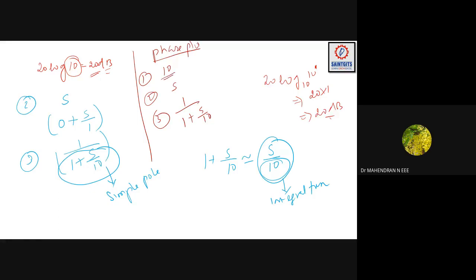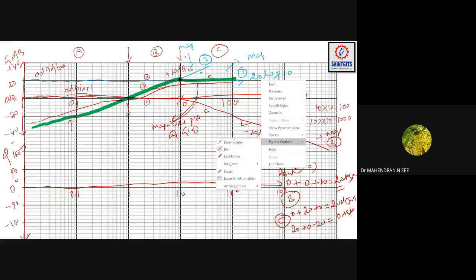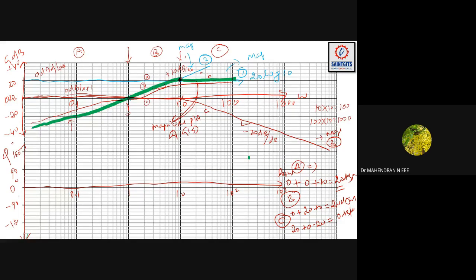For the constant, it will be plus 90 degrees. So it will be like this. This is the phase plot of the first portion.